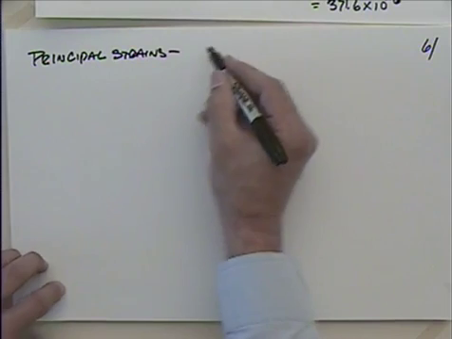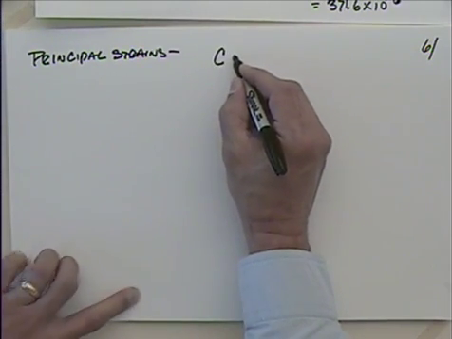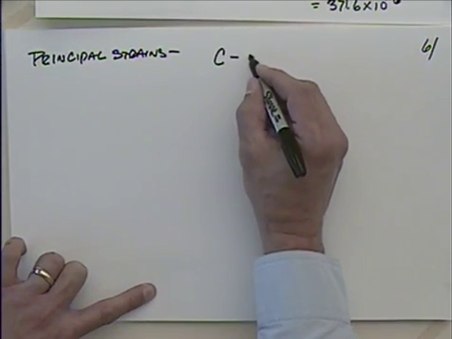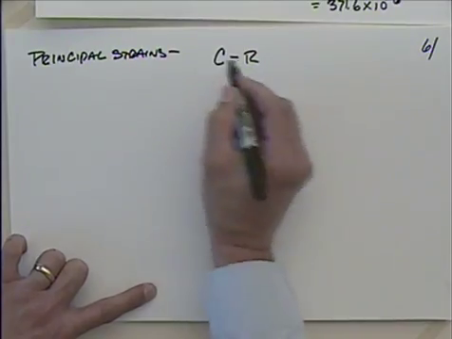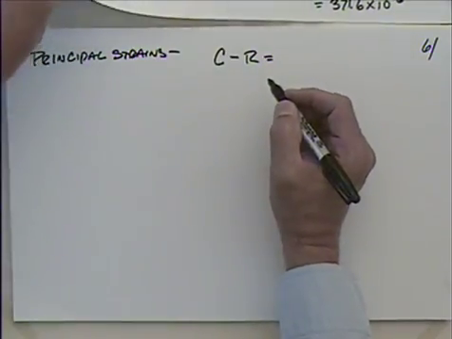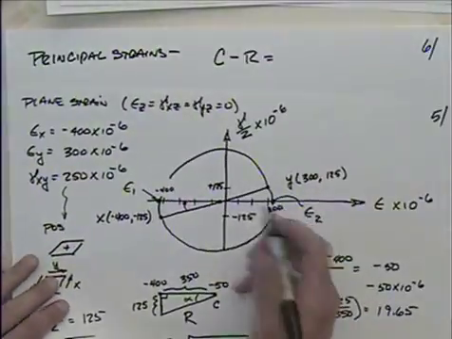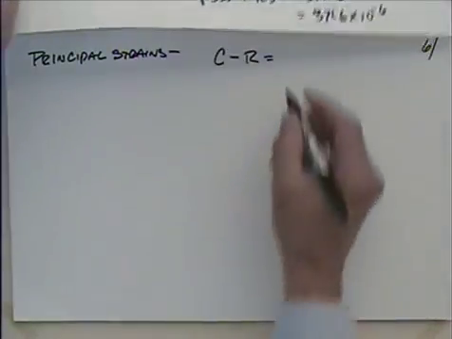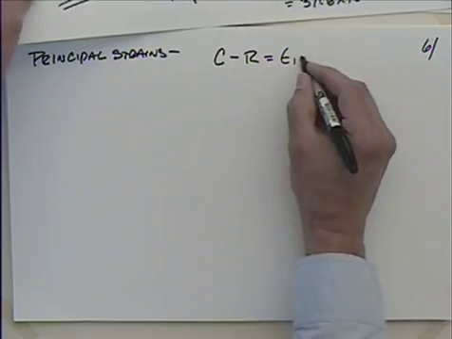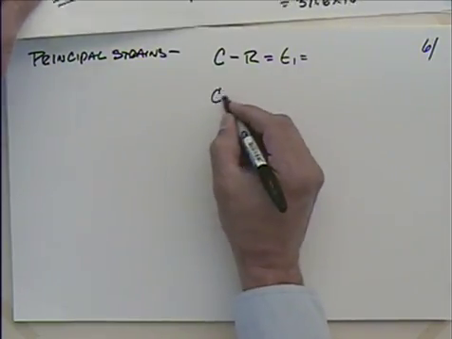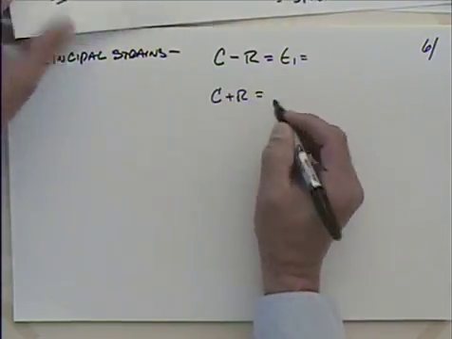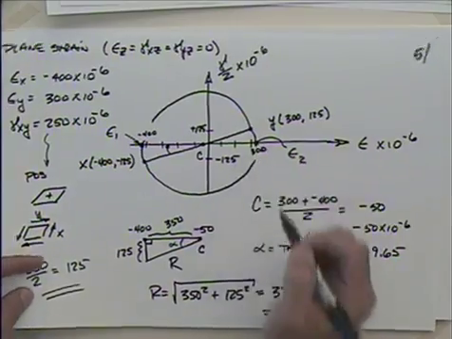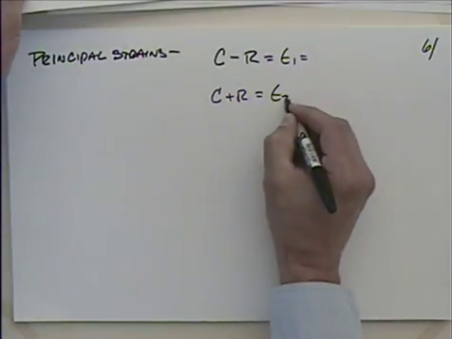So talking about principal strains, we're going to have the center minus the radius. We have the center here, and we subtract the radius. That would be epsilon 1. And then the center plus the radius is going to take us to epsilon 2.